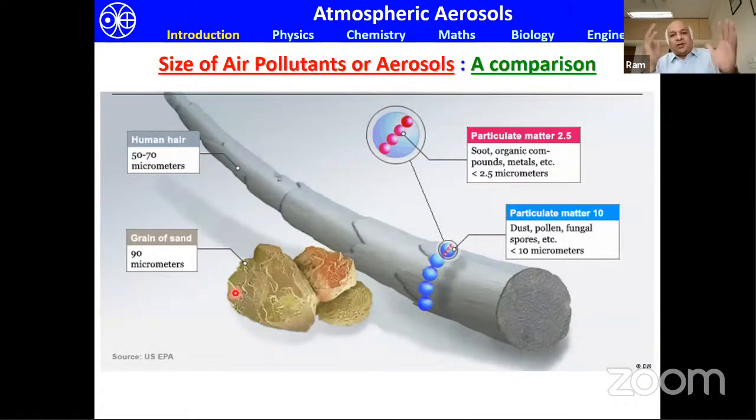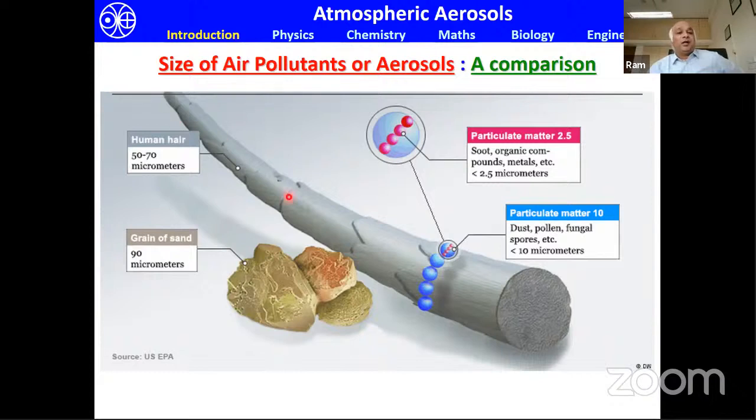So that you can appreciate the kind of concern and what we are studying with respect to aerosols and the air pollutants that we know, I have tried to compare the particles that we call aerosols with the known species that we are aware of.